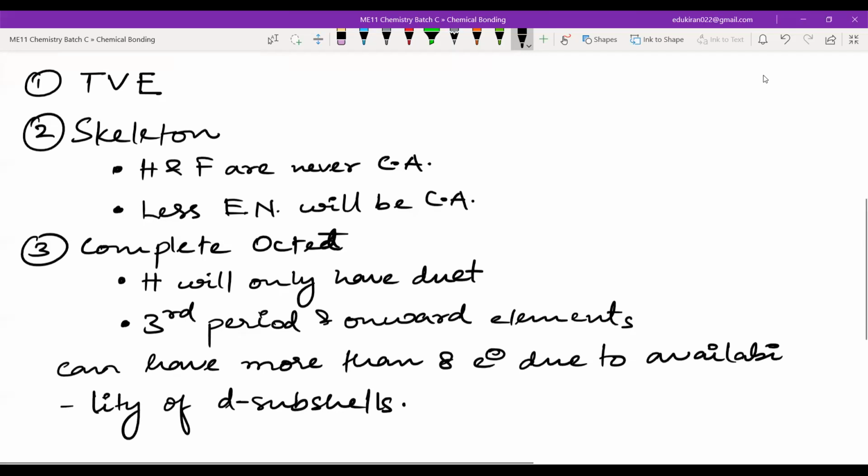So you can remember these steps as 2s8. You remember this trick? 2s8. If you remember this 2s8, you will never forget what the steps are.